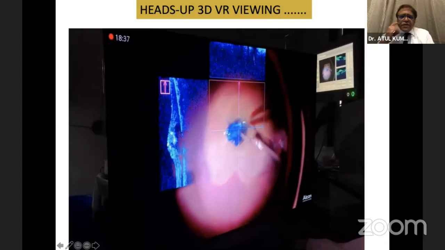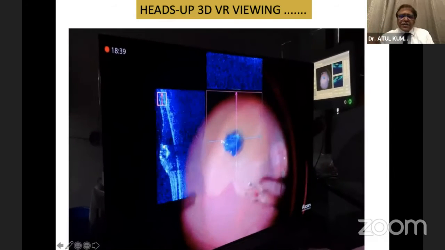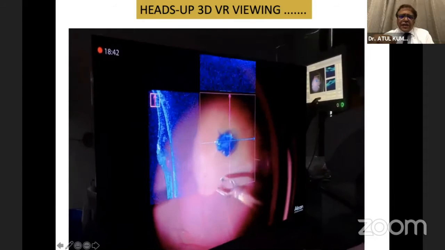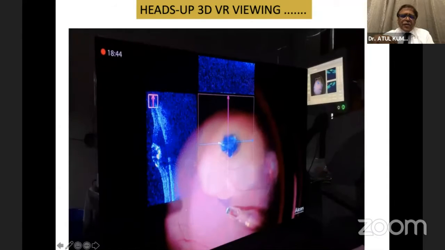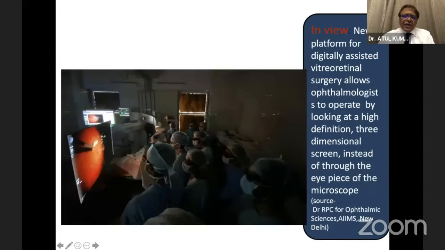This is how the Ingenuity 3D viewing system is. This is another imaging modality which helps you see, and it's got pixelization, so it's a digitized image and gives you 3D exposure, and the surgeons as well as the students get to see exactly through their passive polaroid glasses. They also see the surgery as the surgeon would see.